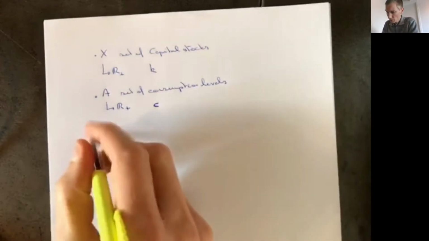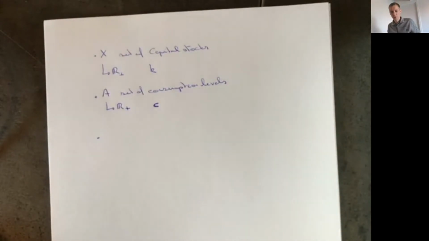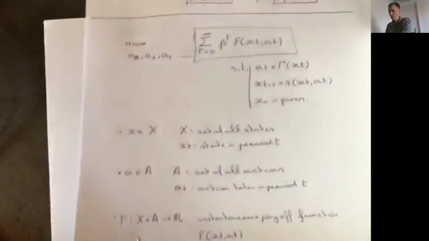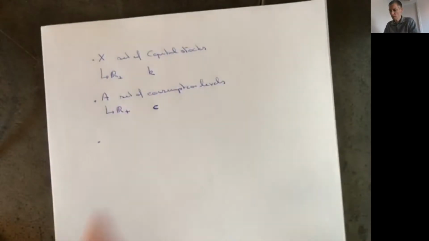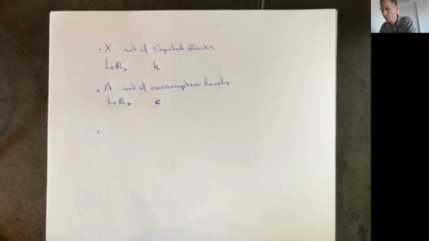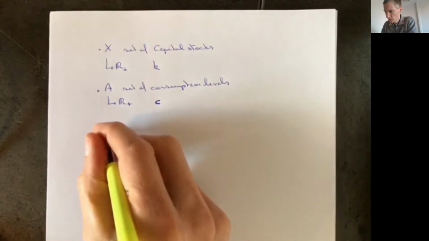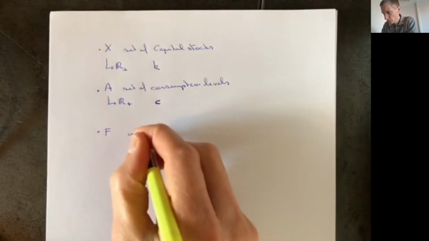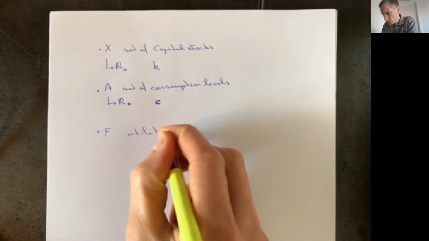Okay. Then we need an instantaneous utility function, right? This F here. And for this, what are we going to try to optimize? So this is a representative consumer model, so we're going to try to optimize utility. So my F is going to be utility, right?